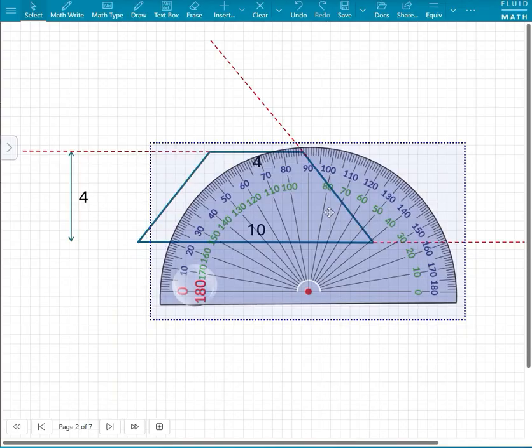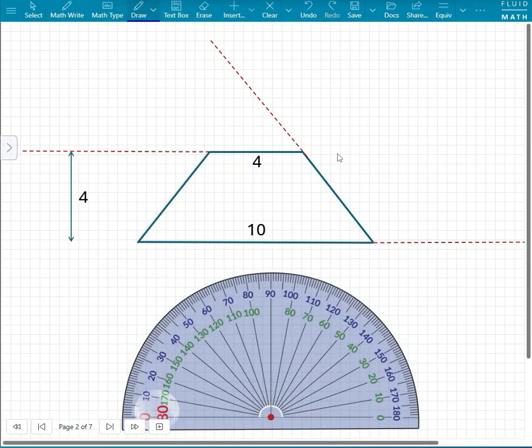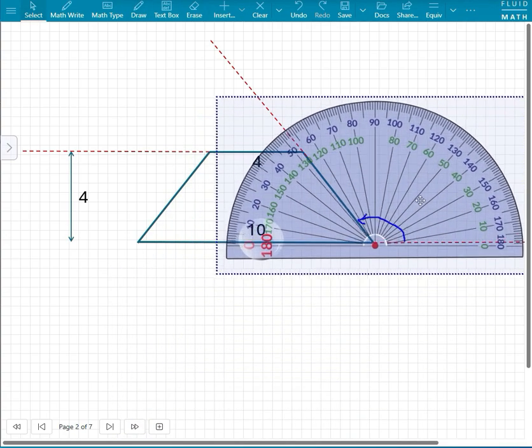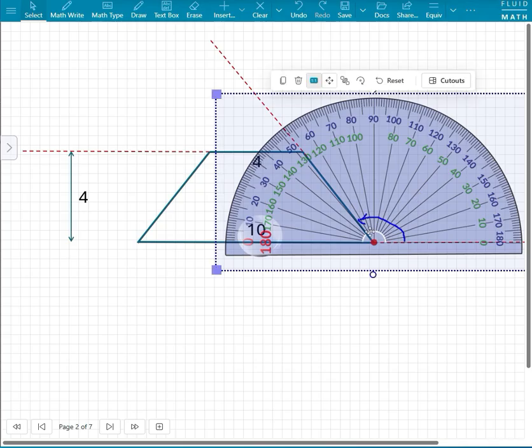How the protractor helps us is, for example, I want to measure this change in angle. This is what I want to measure. In order to measure this, I will drag the protractor and put it here at the point where the change in direction happens.